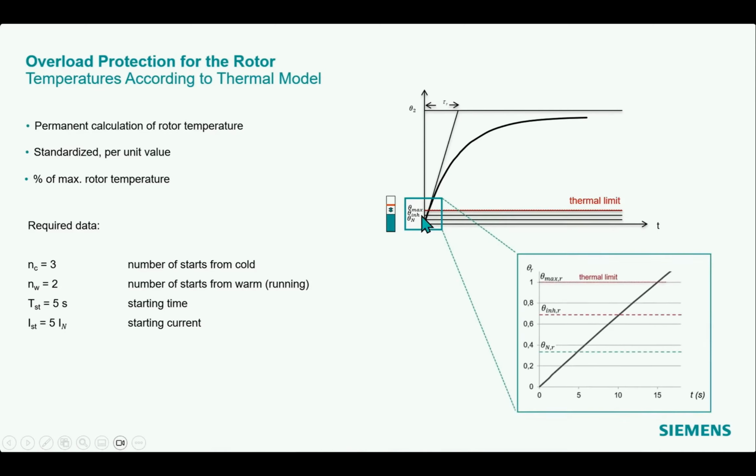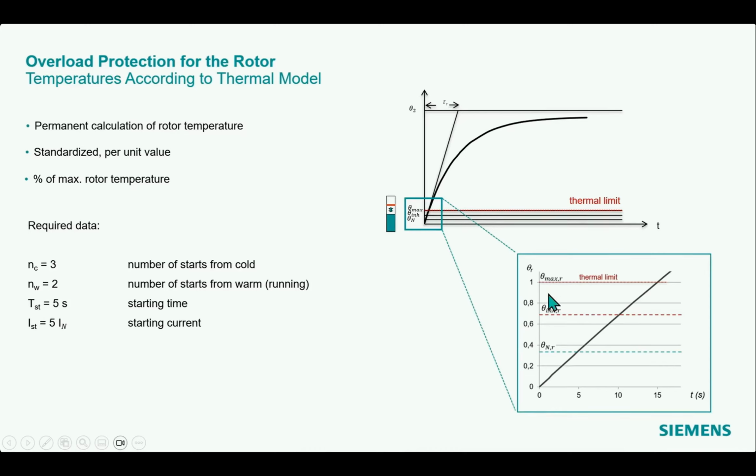If we zoom in, we see we have basically 2 or 3 stages which are important. First is 1. This is the maximum temperature for the rotor that is allowed, which we get exactly from these data here. Then we have the temperature when the motor is running under nominal conditions. So this would be the warm motor state.